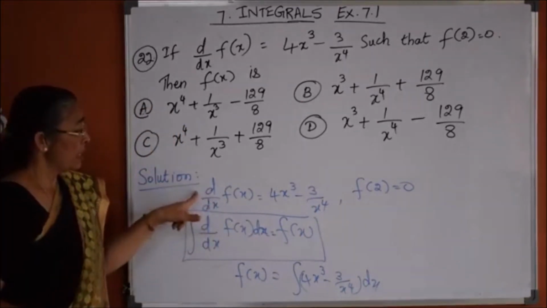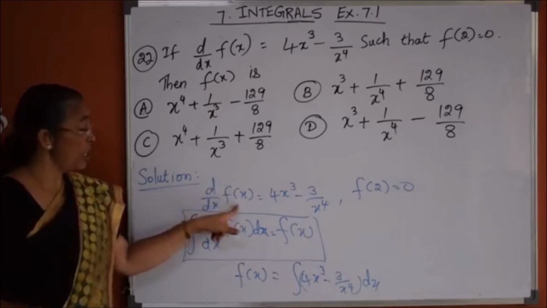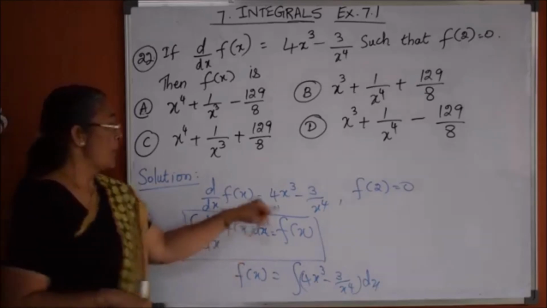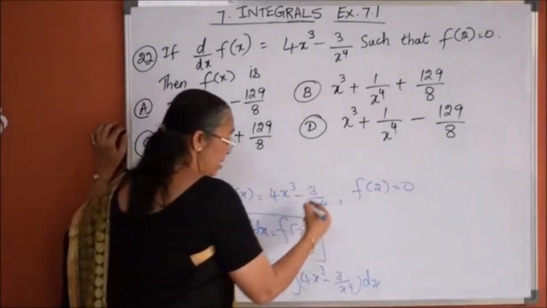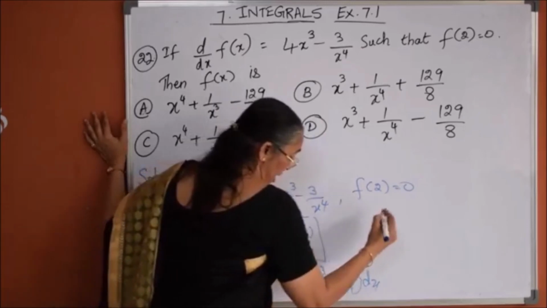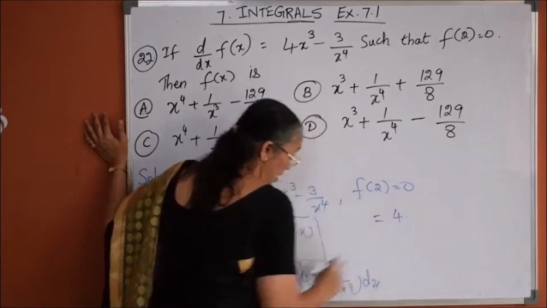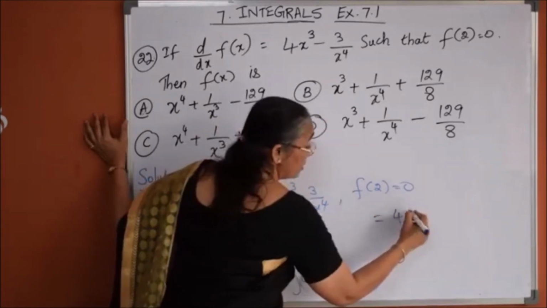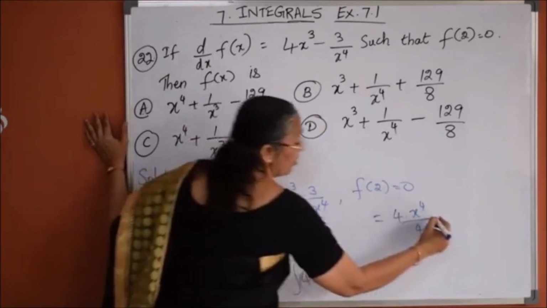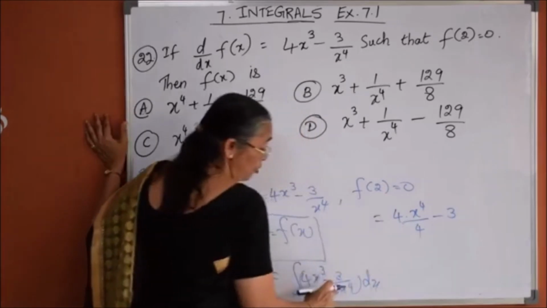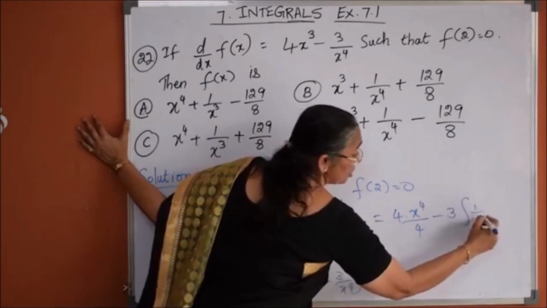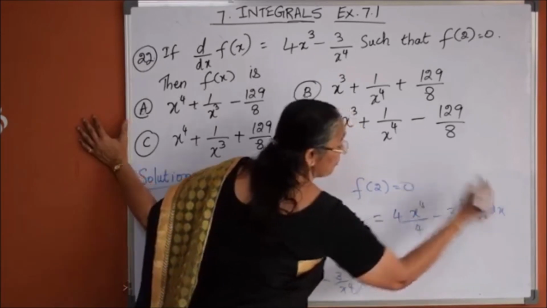So, now integrating the right hand side, we get integration of 4x to the power of 3 dx, which is 4 into x to the power of 4 by 4, minus 3 times integration of 1 by x to the power of 4 dx.